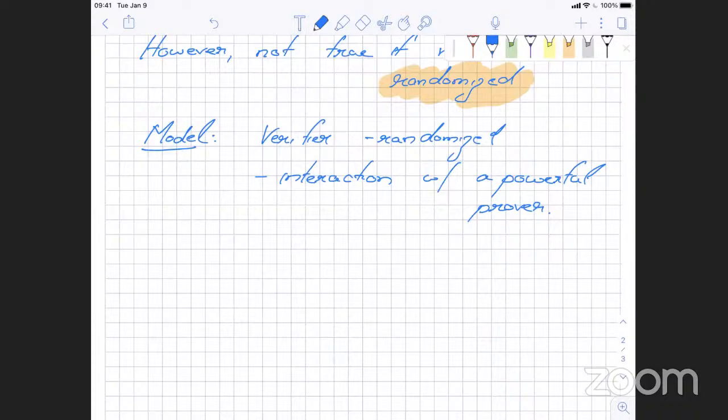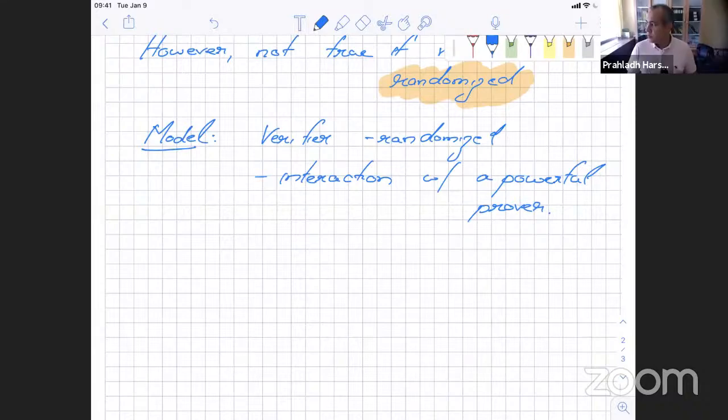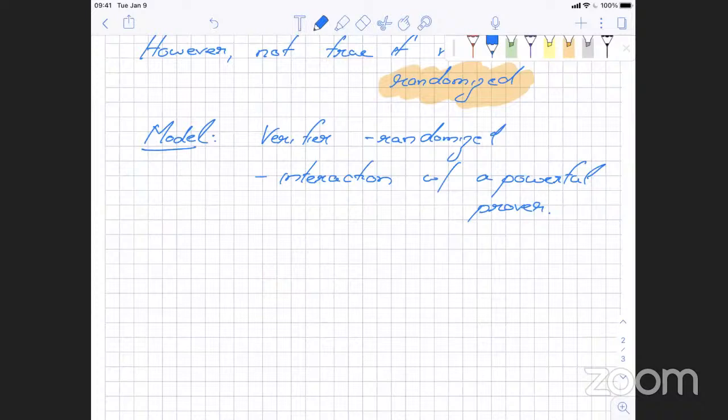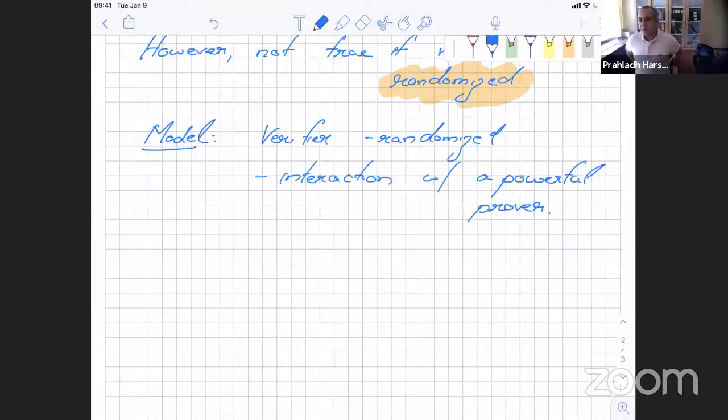Yeah, so in this case, when you use random points, if the prover wants to send a one-shot transcript, that is very long. But yet the verifier only accesses polynomially many bits of that transcript. So if I ask for a model where the prover is allowed to send a long transcript, but the verifier only gets to access polynomially many bits, that's essentially having an interaction with the prover, no?